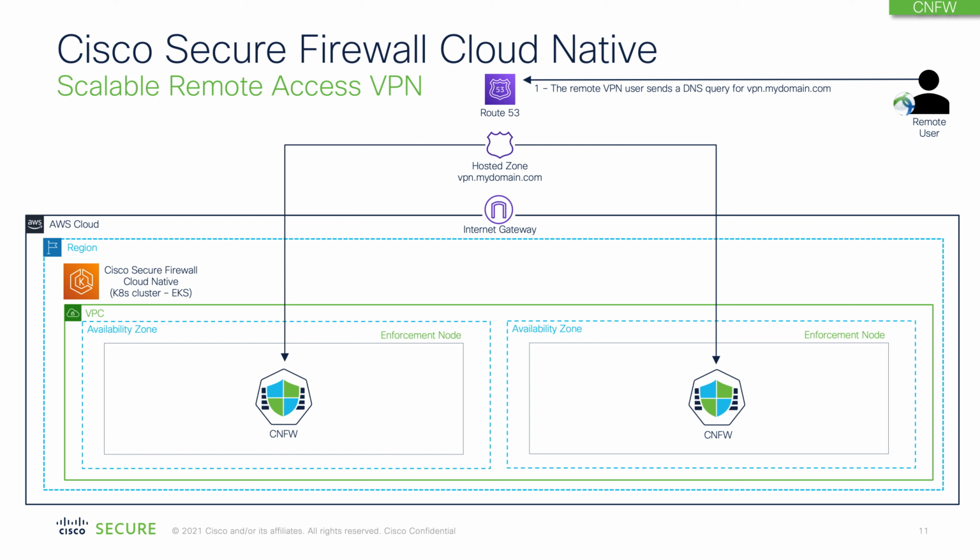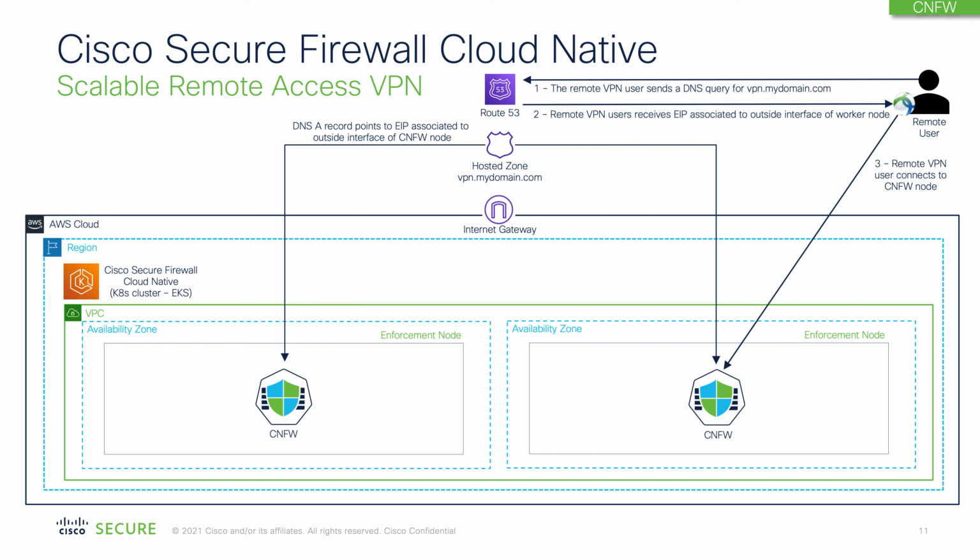This is just an example, and in return, on your Route 53 we automatically add records for all your enforcement points. So in return, the user will get the IP address of the outside interface of your enforcement point. When I say enforcement point, I'm referring to CNFW.